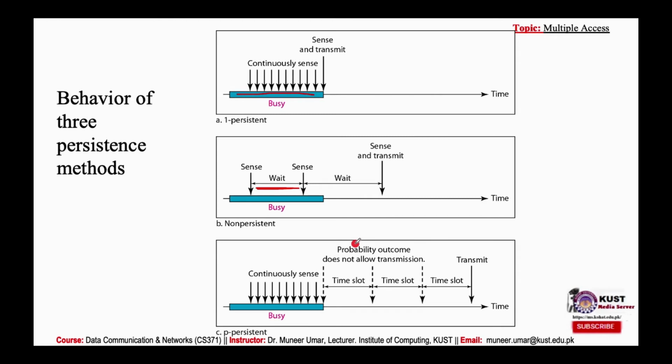So here the chances of collision are a bit lower as compared to the previous one, because we are using a random wait time, so each station will have a different wait time and there would be slightly fewer chances of collision.